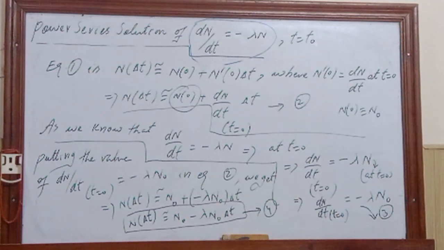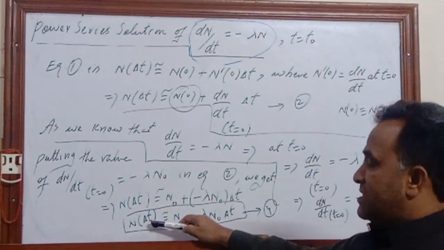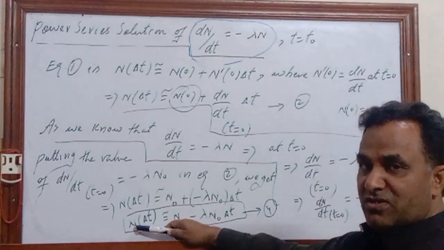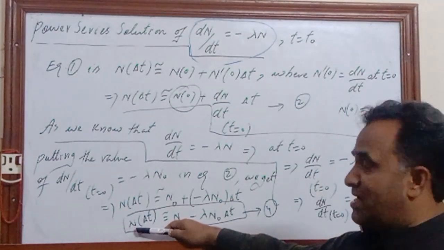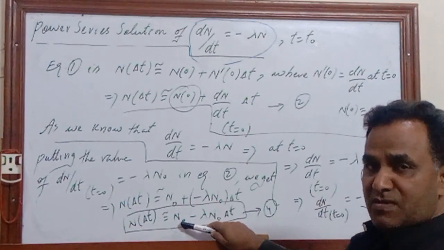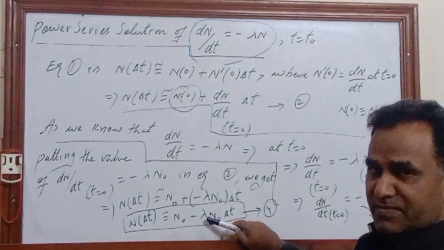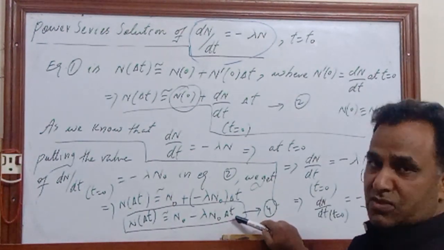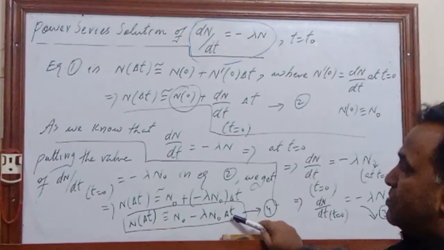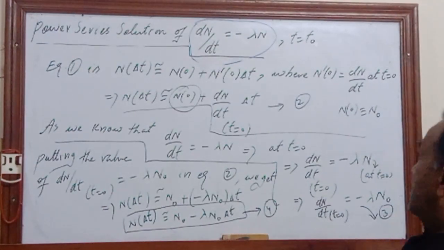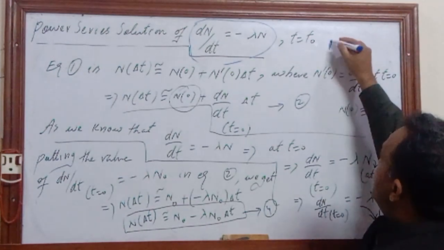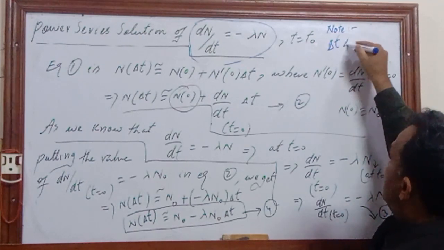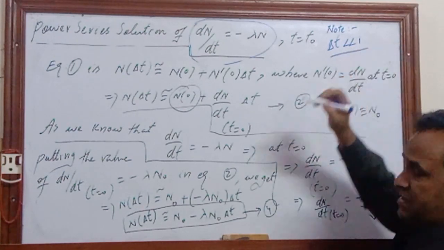Okay, this means after one time interval, after t is equal to delta t, the number of radioactive nuclei left to further decay will be equal to the originally present number of nuclei minus the decay constant lambda multiplied with the originally present number of nuclei multiplied with the time interval you are taking. And this delta t is taken to be very small, that means less than 1. Keep in mind that this delta t is very small as compared to 1.